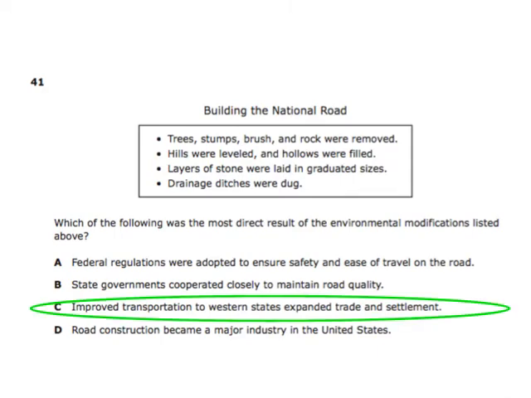Improved transportation to western states. Expanded trade and settlement. So we continued growing west. That's a big theme here. All of these things were part of a construction process to grow us further west.